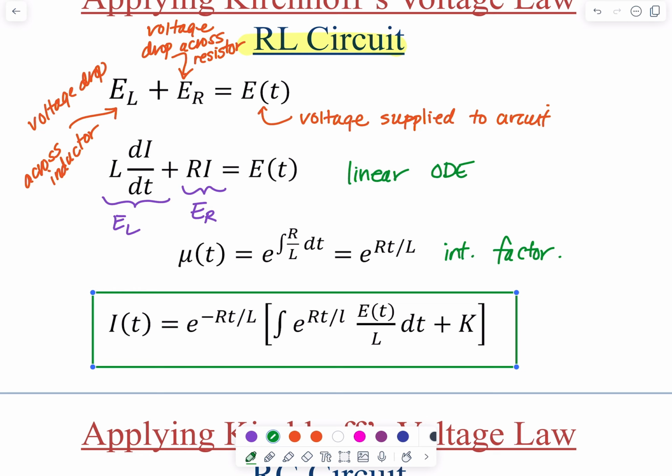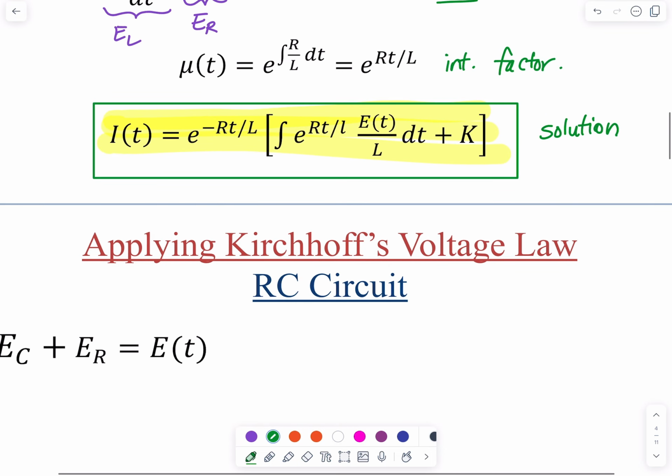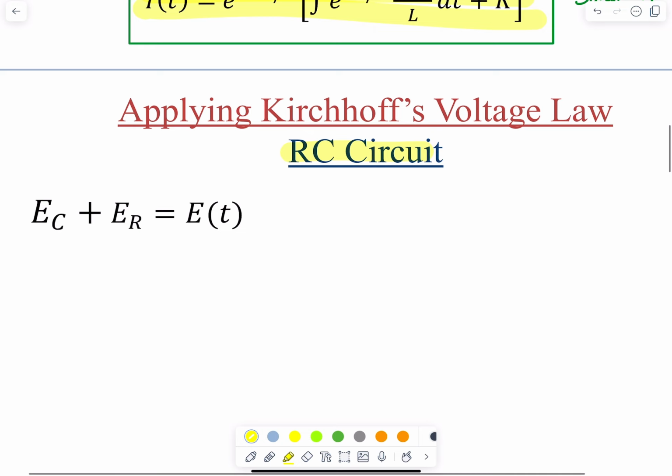So this solution gives us the amount of current at any time t. So I want to make it a point that this is our differential equation, and this is our solution to that differential equation. Now, let's go ahead and take a look at our RC circuit.